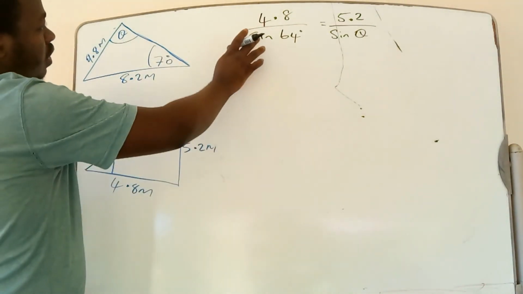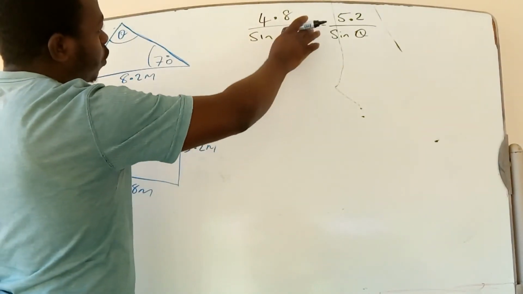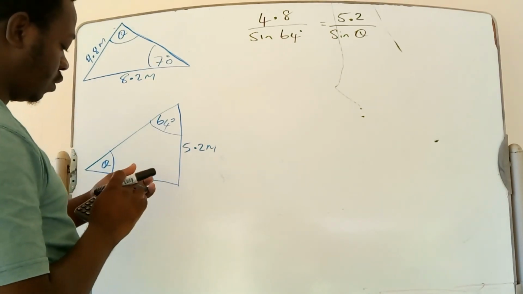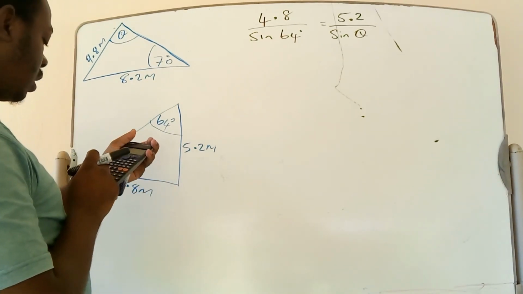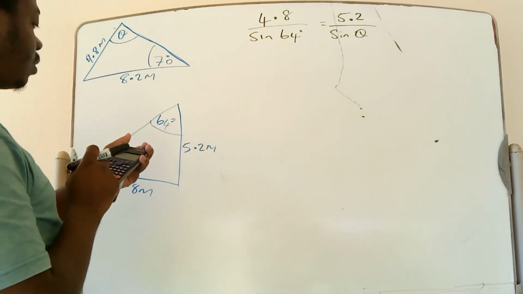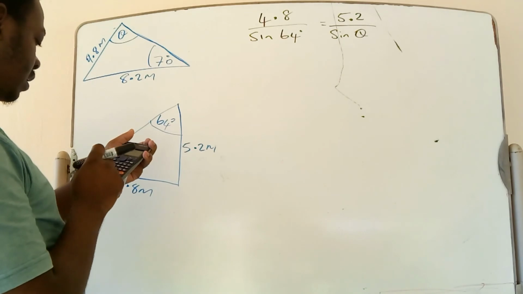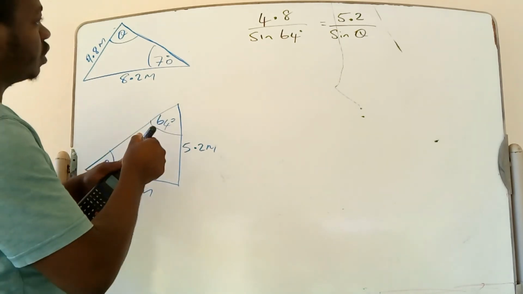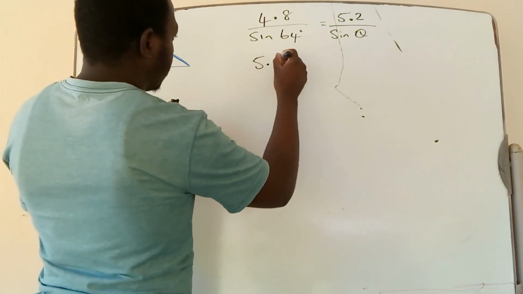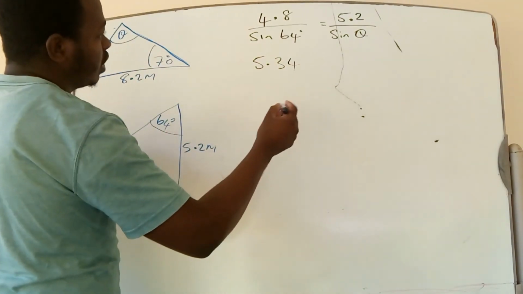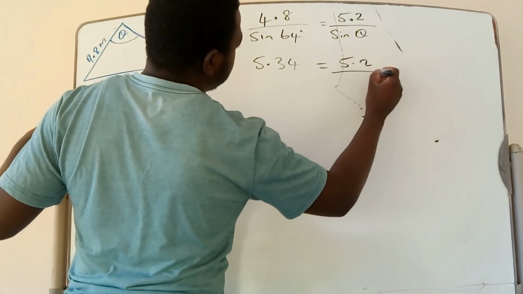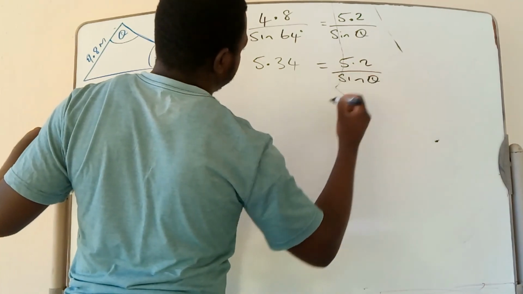Again, because most people are not comfortable working with fractions, you can put this fraction on your calculator. So that will give you 4.8 divided by sine of 64 degrees, which is equal to 5.34, correct to 2 decimal places, which is now equal to 5.2 all divided by sine of theta.